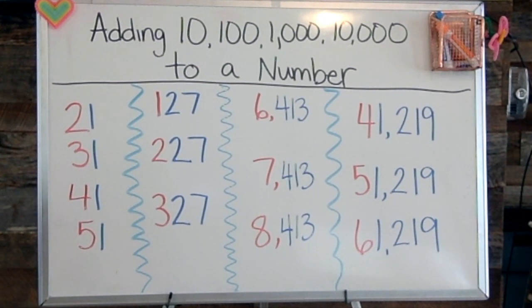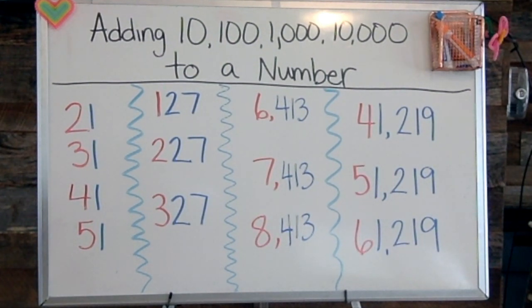And what I want to do is show you how you can do it in a very easy way. Now, you might think, oh my goodness, I have no idea how to add 10,000 to a number. But it actually can happen very quickly.